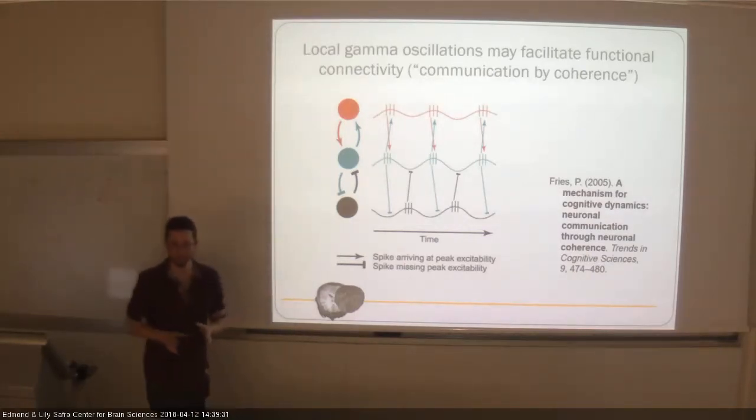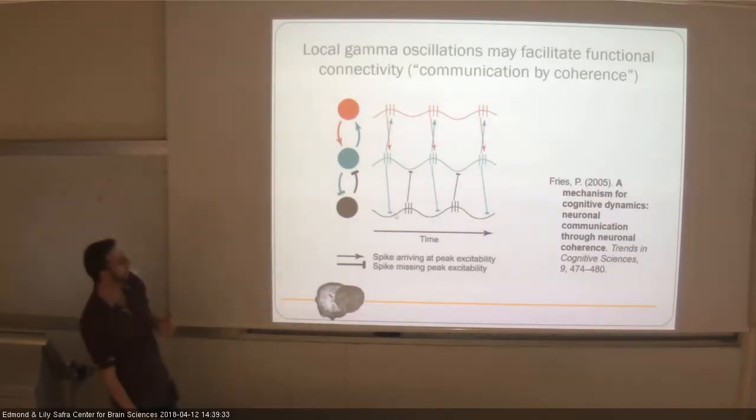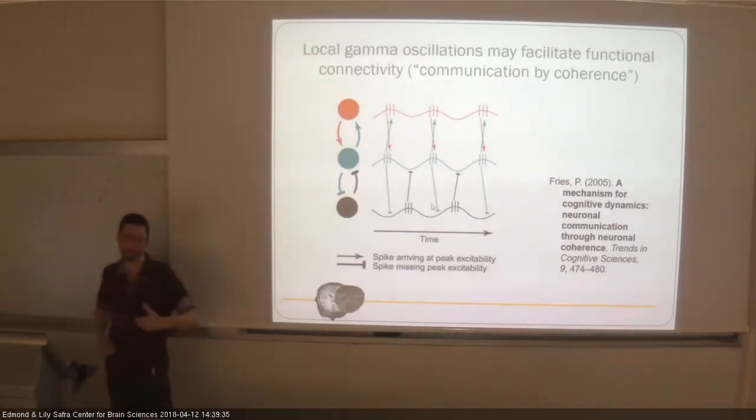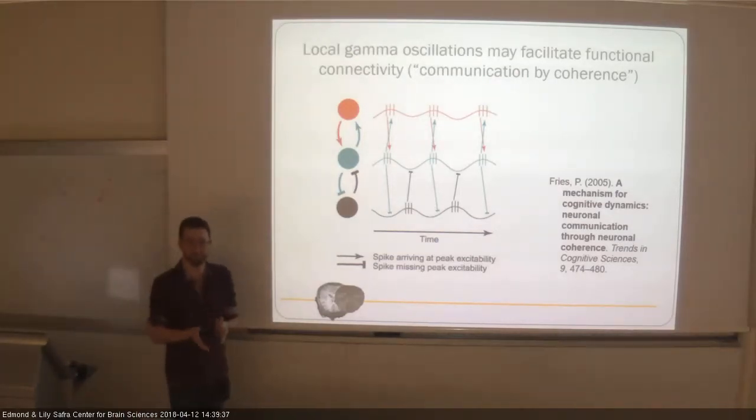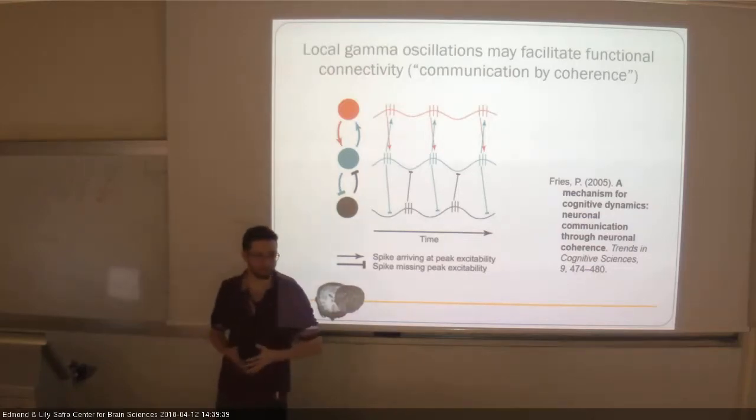Right? Is that clear? And another neuron which is out of phase would be less likely to respond because it might be at the same time in its non-excitable phase.